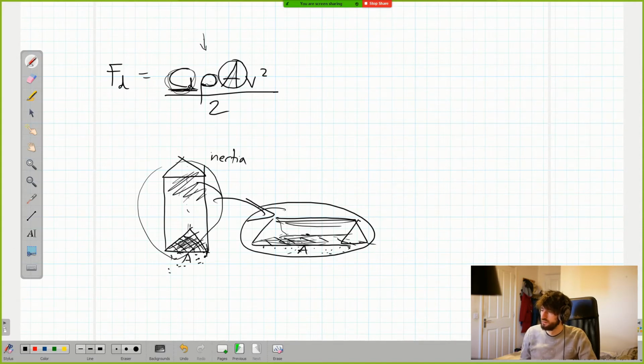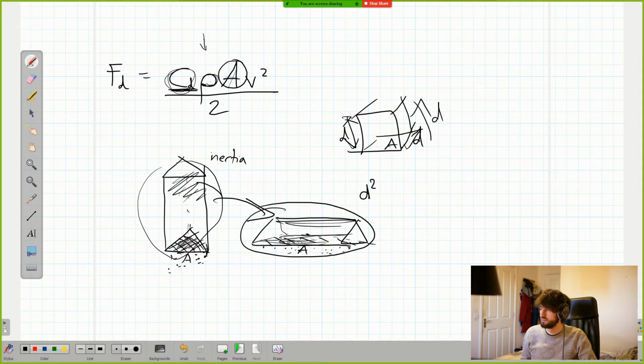But you can see that, say we have here a box, and it has a length d, and it has a height d. Well, this surface area is A, it's d squared. And then the volume of this thing is another d, so it's d squared times d. Or let's say you have a circle here, and this area is pi r squared. To make it into a volume, we just multiply it by d again, like this height.